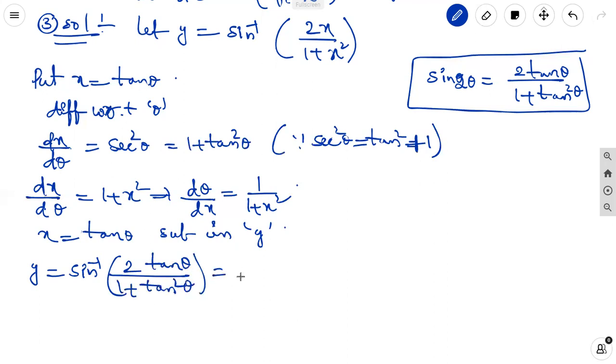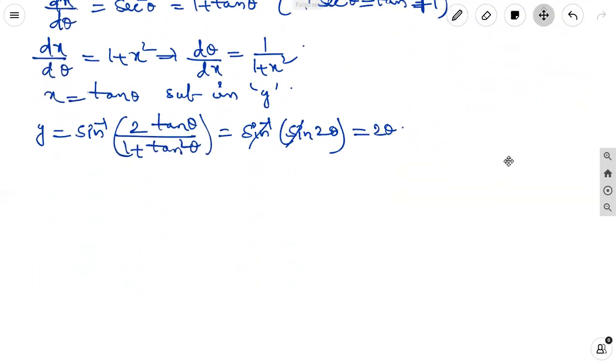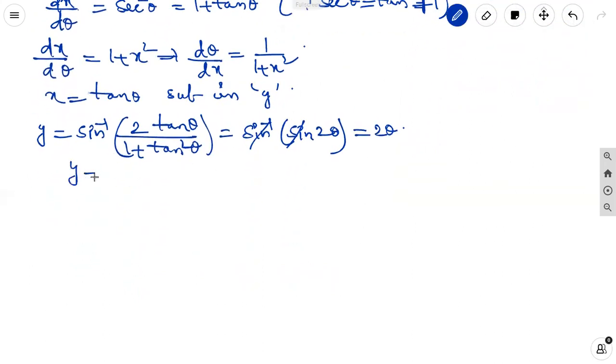It is equal to sine inverse of sine 2 theta. Sine inverse gets cancelled. It is equal to 2 theta. So y equal to 2 theta, then differentiating y with respect to theta, dy by d theta equal to 2 only.